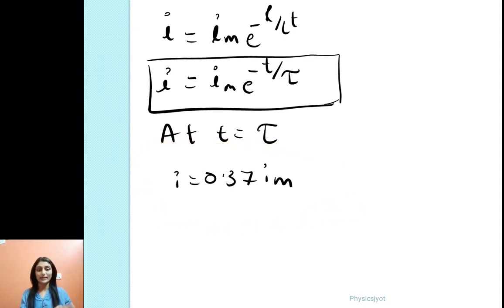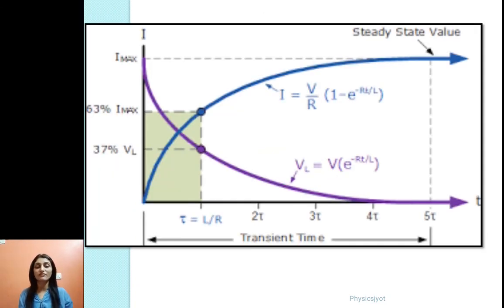So for decay, remember during growth we have defined the time constant as the time required for the current to reach 63% of its maximum value. Similarly, in a decay circuit, you can define the time constant as the time required for the current to decay to 37% of its initial value.